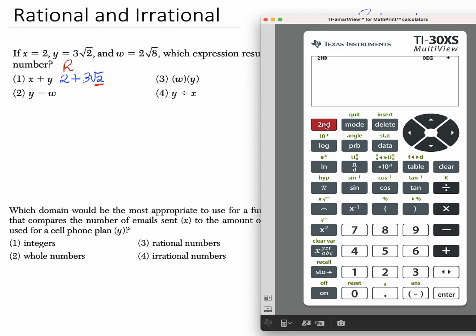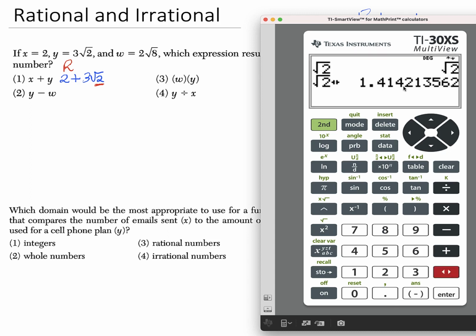If you want to, you can check. Use the calculator. Second function, x squared, gives you the square root symbol. Put 2 in, go to the right. You hit enter, and I tell my students, if the calculator spits back out the same radical sign, or your answer was simplified and it still has a radical sign, it means that it is irrational. Now, if you want the decimal form for this, you can press the toggle here, get 1.4142.